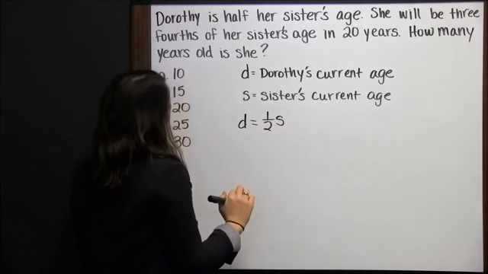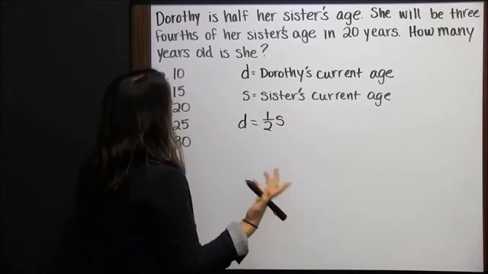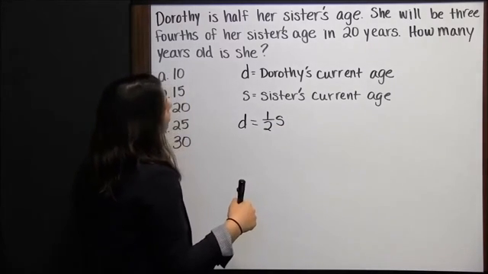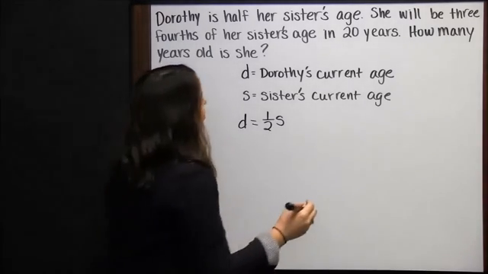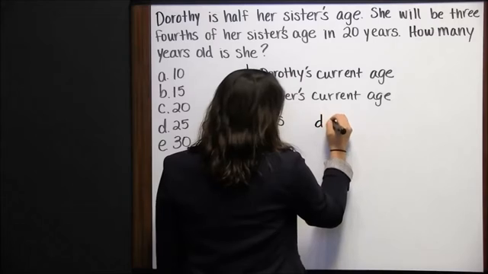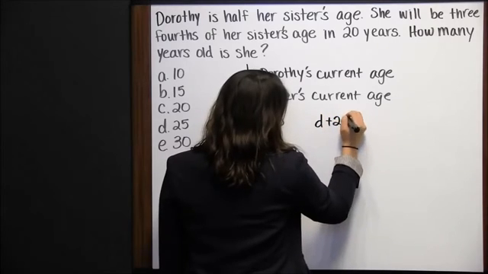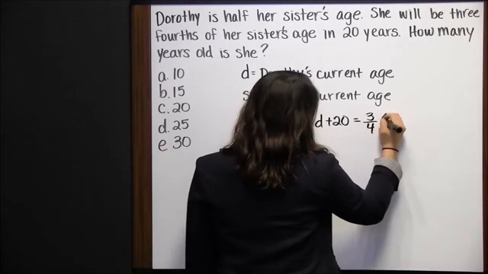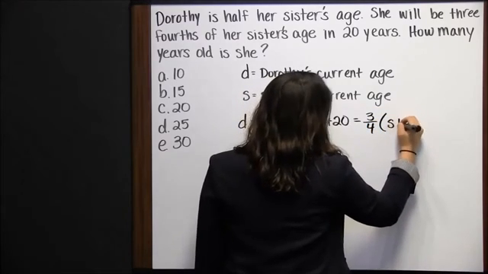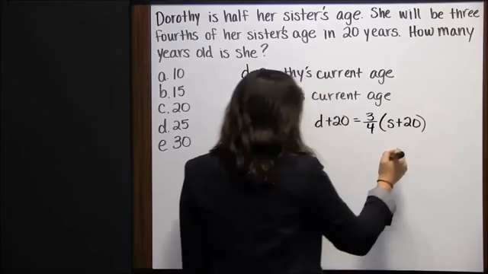The next sentence says she will be, so Dorothy will be 3/4 of her sister's age in 20 years. So Dorothy, in 20 years, will be 3/4 of her sister's age in 20 years.